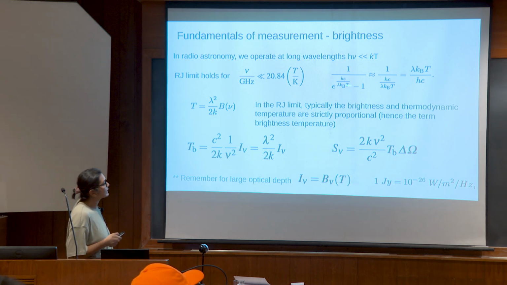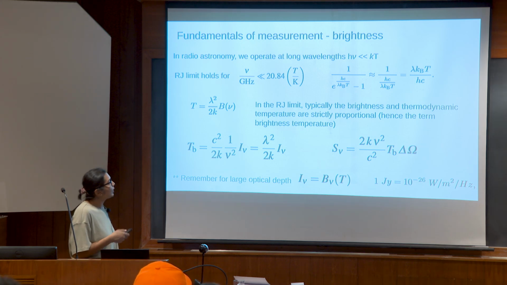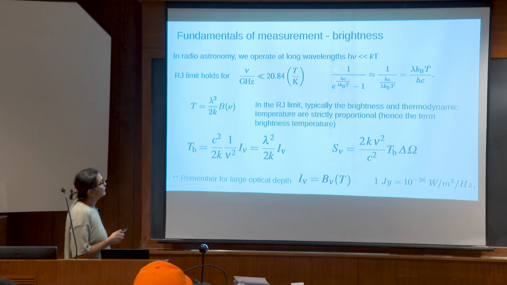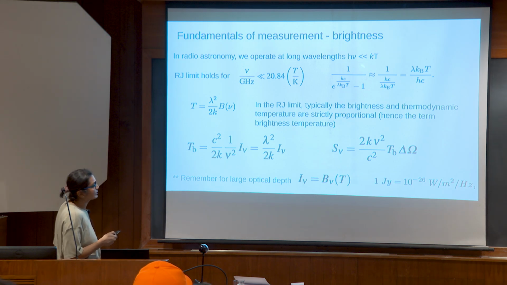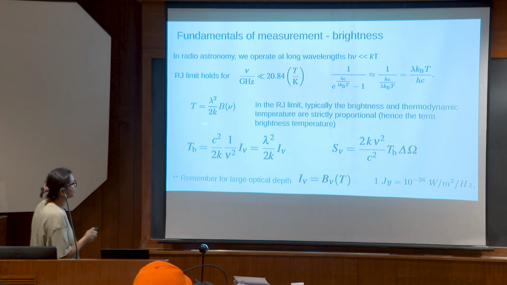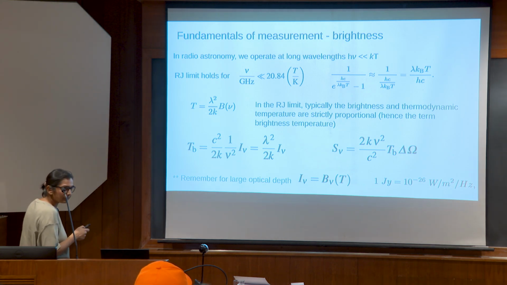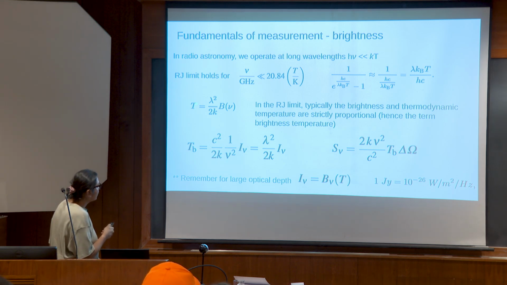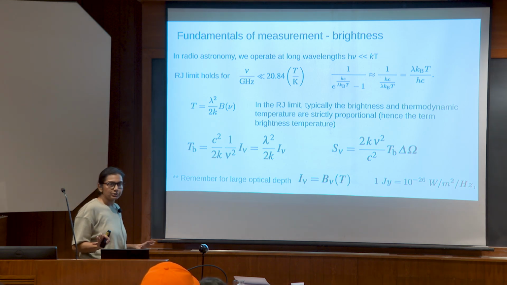You do a Taylor expansion of this term, and because h nu is much less than kT, all the higher order terms disappear, the denominator in Planck's equation becomes this, terms cancel, and you get this. This temperature T is called the brightness temperature.